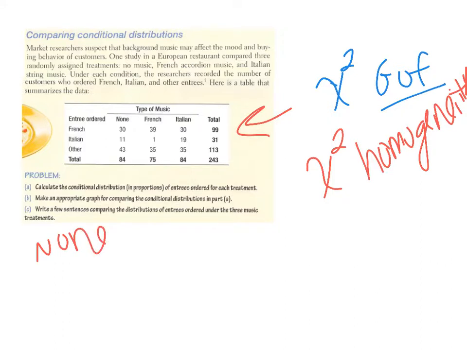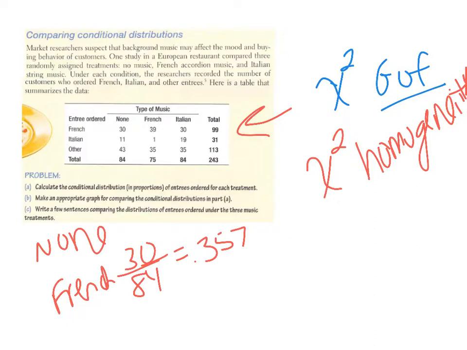So when no music is being played, 30 out of 84 entrees, okay, are French. And so that would give us a 0.357. So that would be our French. So when no music is played for Italian entrees, I have 11 out of 84.